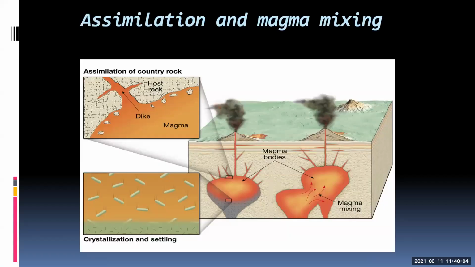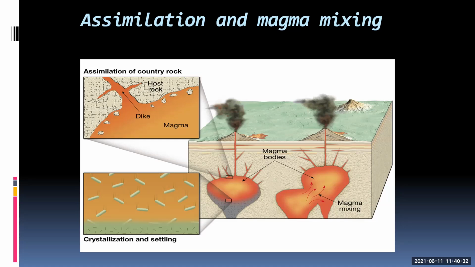Assimilation and magma mixing is our third way of getting different rocks out of the same magma chamber. What this does is add new ingredients to a magma chamber. We can introduce new ingredients by that magma chamber melting the surrounding rock.